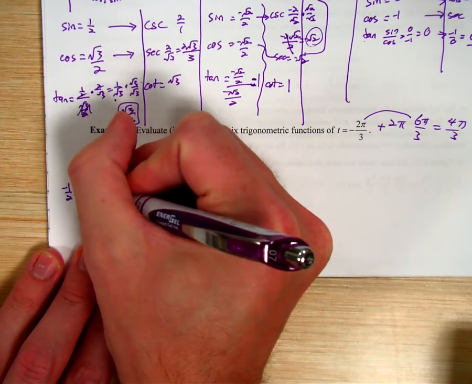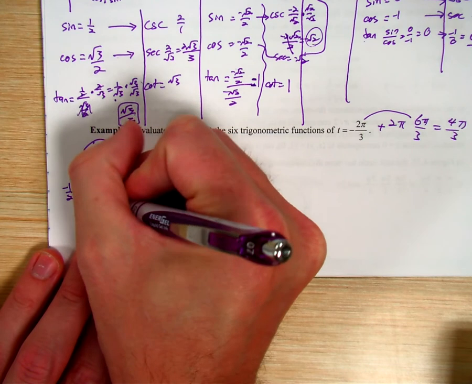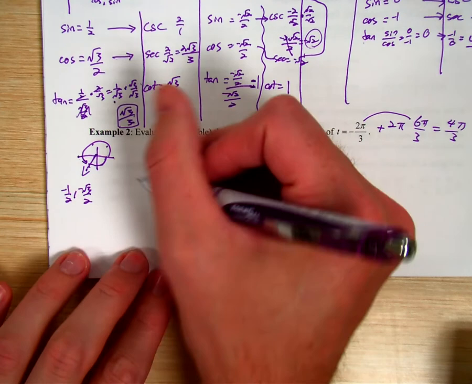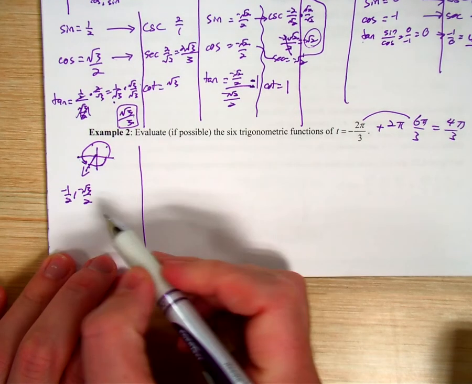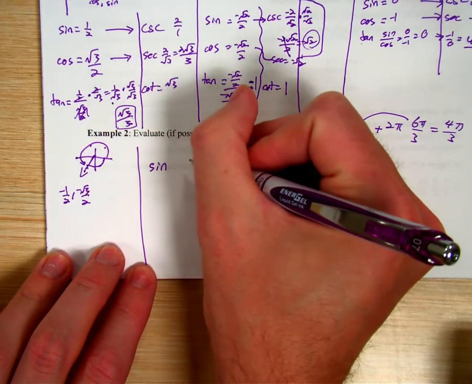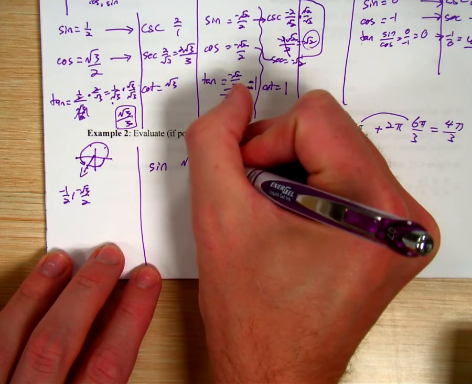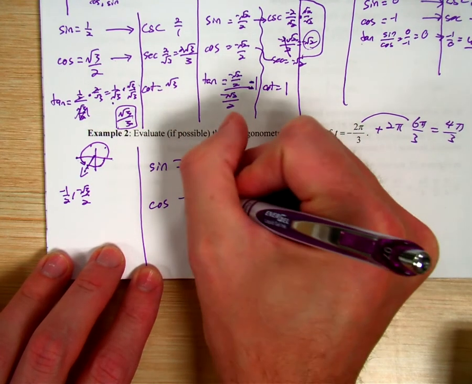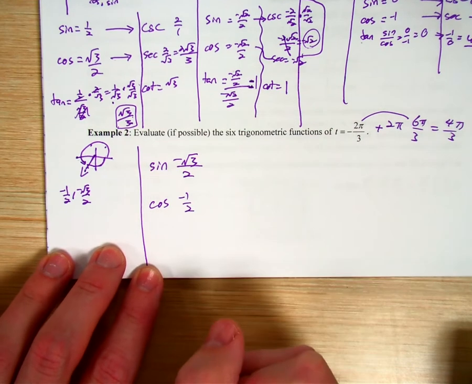-1/2, comma, negative radical 3 over 2. Okay, this one's interesting because you're going to have some fractions with radicals again. So far it starts off pretty easy. Sine, we got negative radical 3 over 2. Cosine is -1/2.